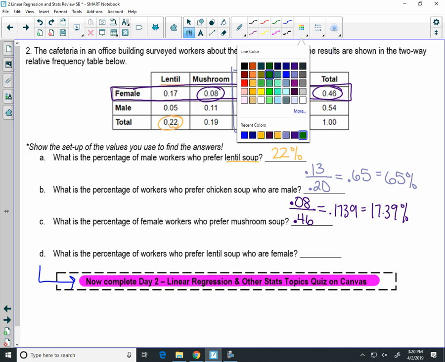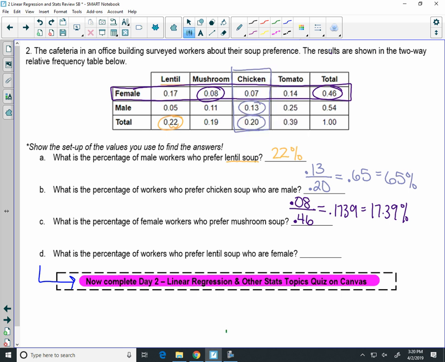All right, last problem. What is the percentage of workers who prefer lentil soup who are female? So now we're looking at lentil soup. So 0.22 is going to be our bottom number, and then the female number is going to be the top.